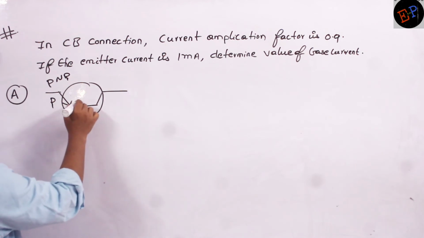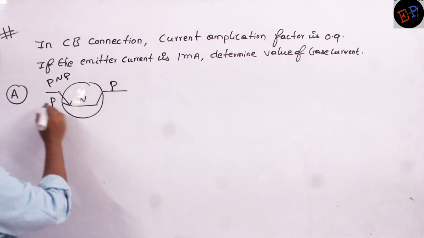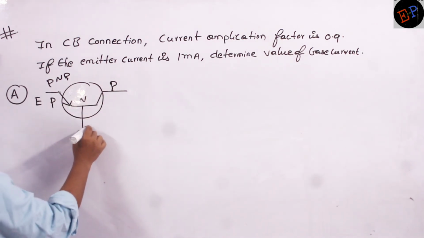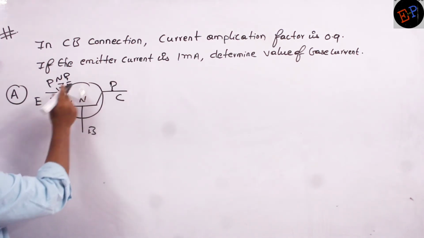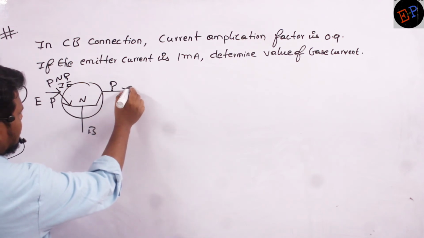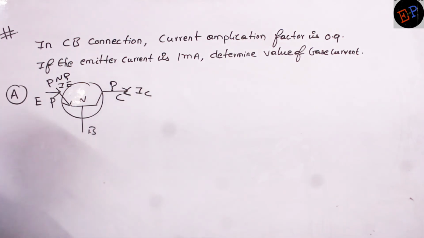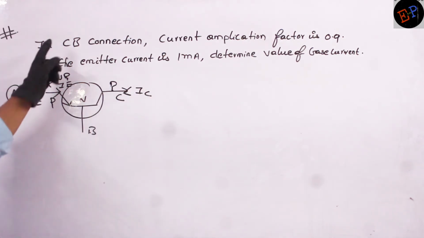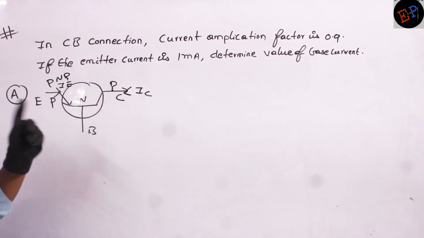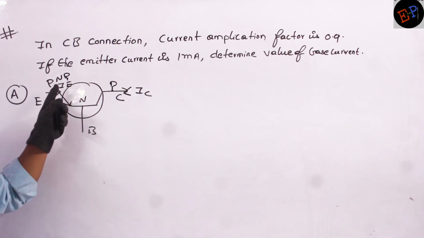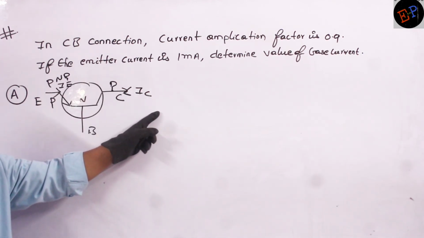So this is P, this is N, this is P. This is emitter, this is base, and this one is collector. Definitely this is IE, the input current. This is IC, the output current. So first if you draw the configuration, then you will understand which one is input and which one is output. Common base: input will be IE, output will be IC.